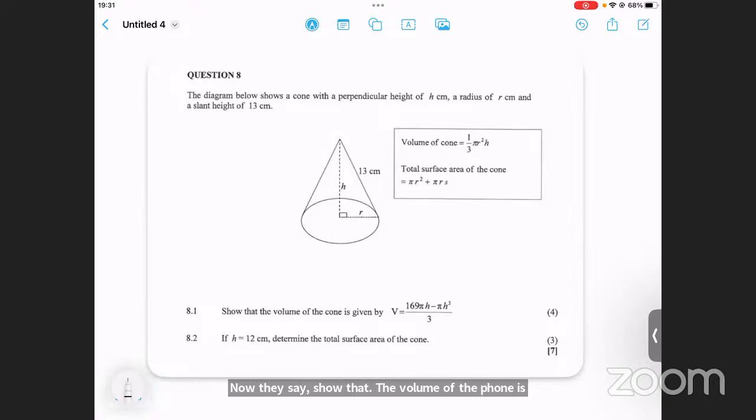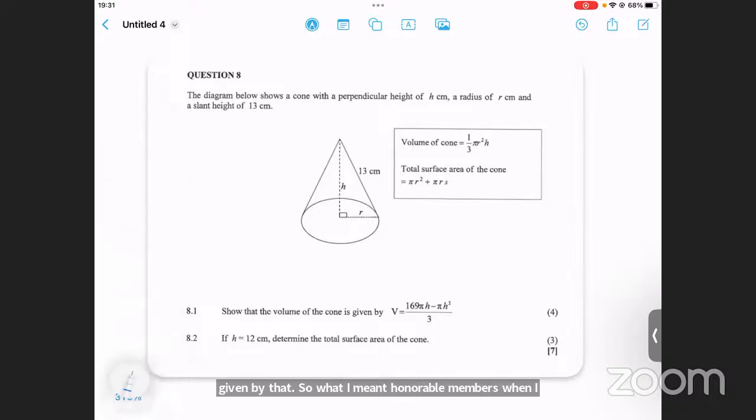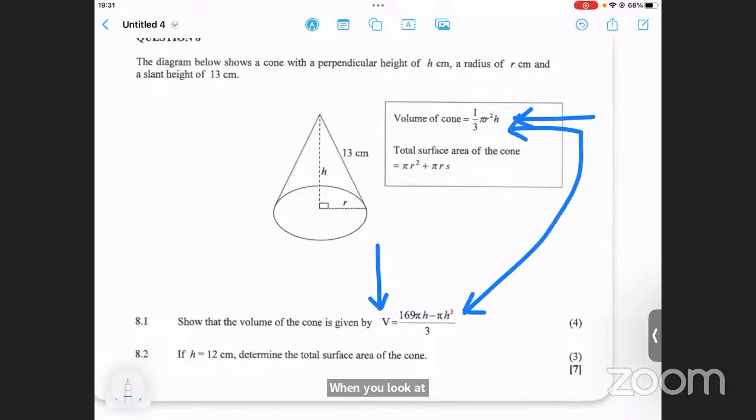So what I meant, honorable members, when I said I just look at these things and think about them. Where am I going to get V? This is where you're going to get it. Okay, so now, when you look at that formula and that formula, something is missing on this formula that you need to show.